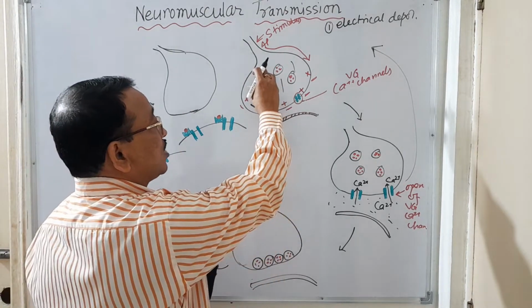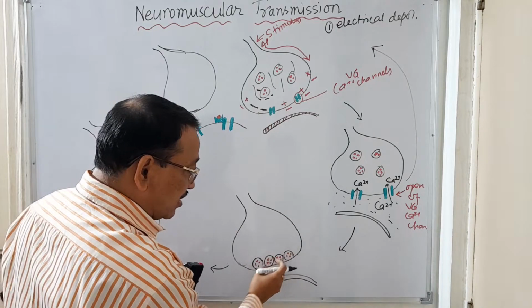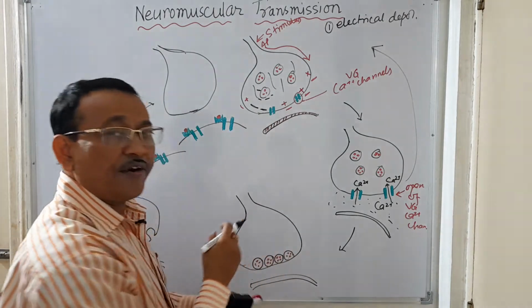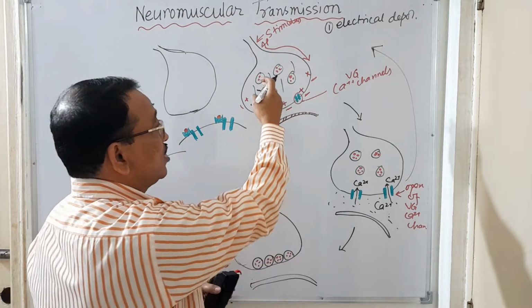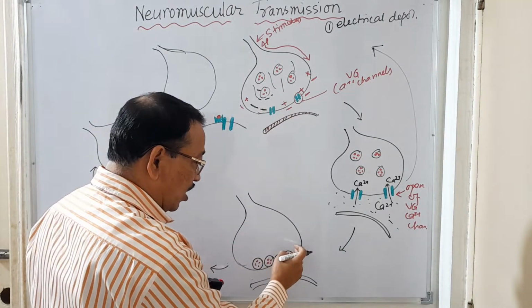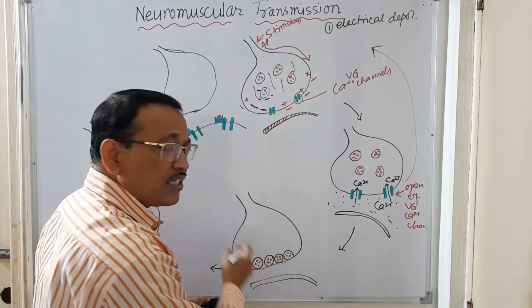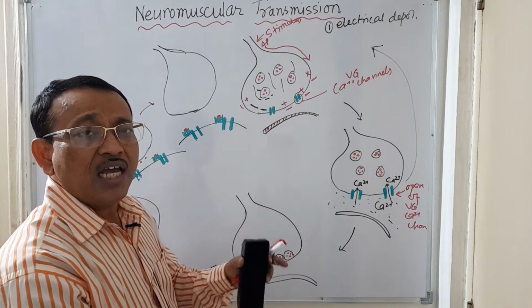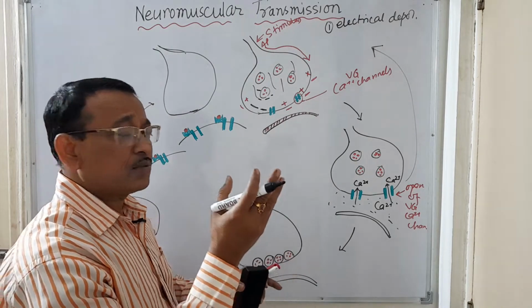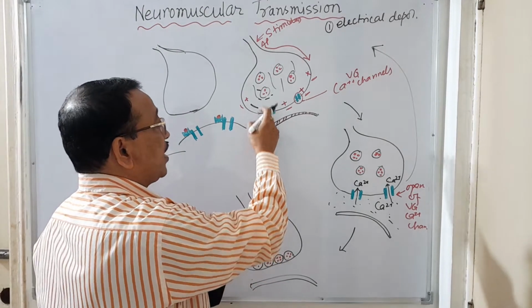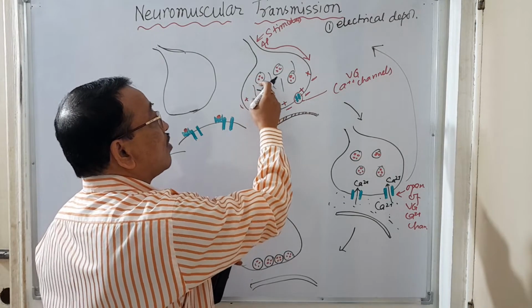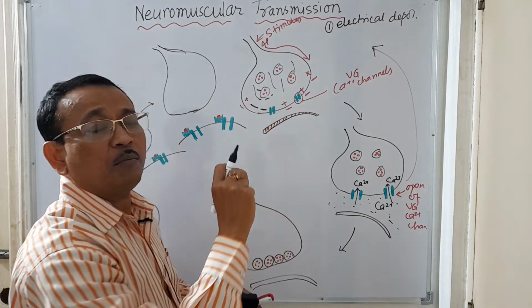So synaptic vesicles will not lie on the presynaptic membrane because of the electrical repulsion between the presynaptic membrane and the synaptic vesicular membrane.